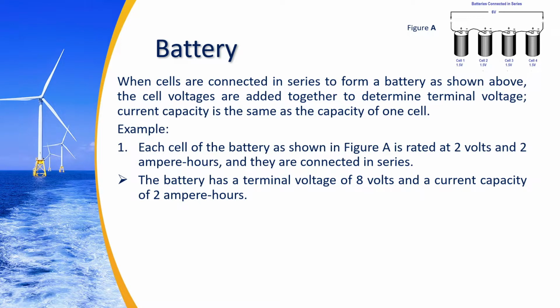Kasi pare-pares sila na 2 volts. Okay, so makakuha tayo ng 8 volts. And then yung current capacity nila, since na they are in series, so pare-pares lang yan. So kung meron kang current capacity to kay cell 1 na 2 ampere hour, so dapat meron ka rin dapat 2 rito, 2 rito, at 2 rito. And then yung total current capacity mo is pares na 2.